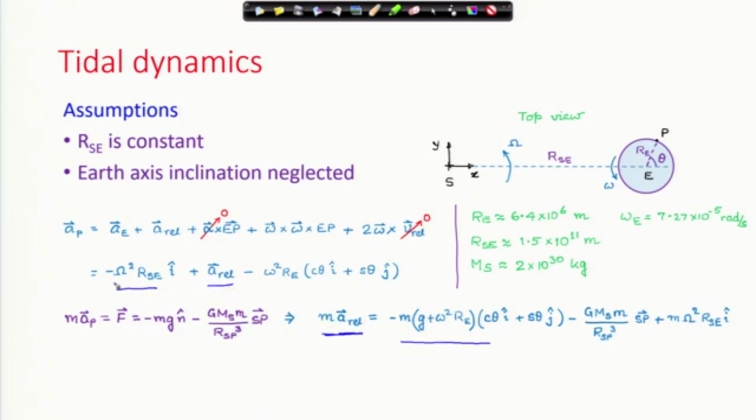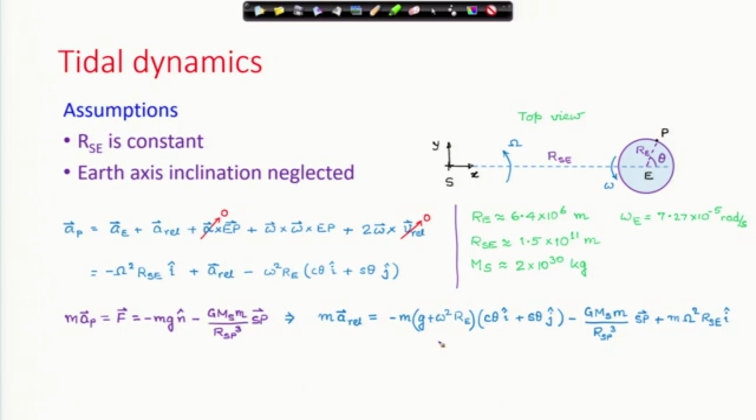So, this and these things therefore go to the other side and they contribute. For example, this term comes from here. Once you have done all those things and simplified, this is the expression on the right hand side. Now, this is the effective force acting on the particle.